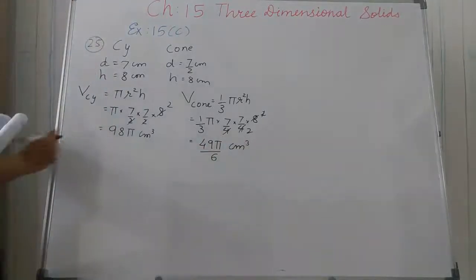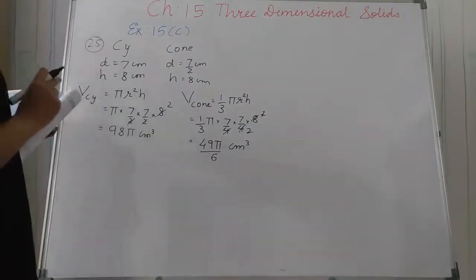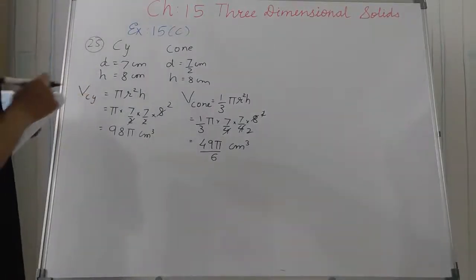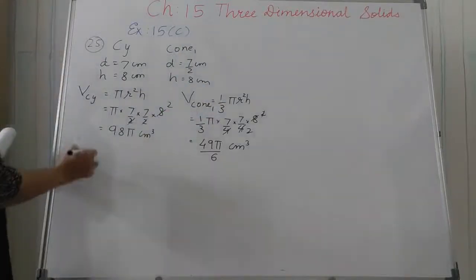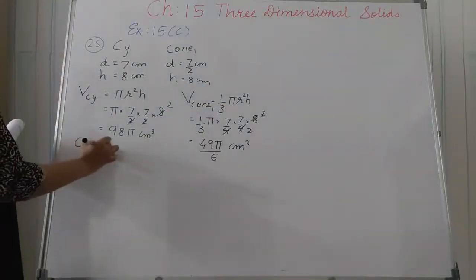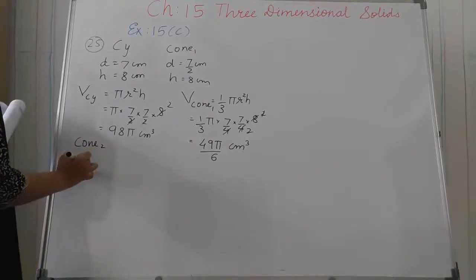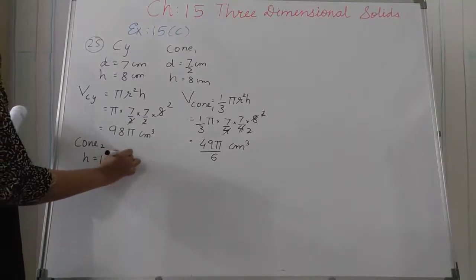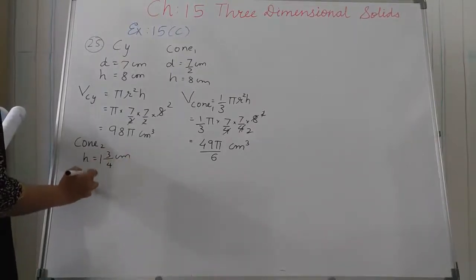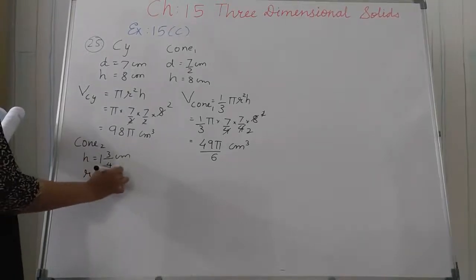Now next we are given one more replaced cone. So let me write, this is cone 1 and there is cone 2 also, whose dimensions are given here. Height is one integer 3 by 4 centimeter and the radius is 2 centimeter.